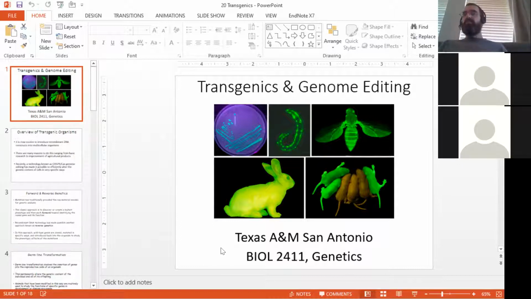And obviously with transgenics, it's quite important to define the difference between transgenics and mutants, right? So mutations occur naturally and randomly, and we've been using random mutations for millennia, right?